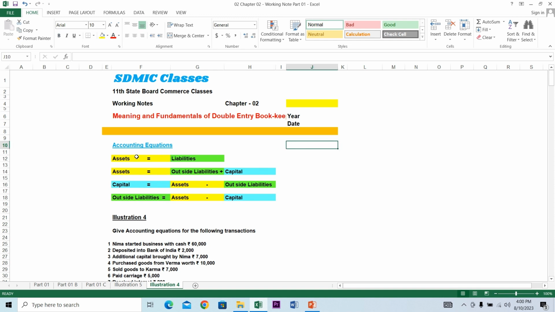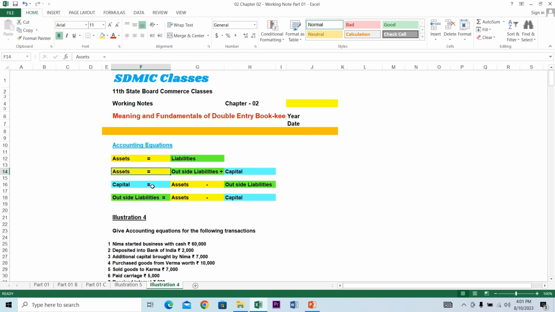Capital is also a liability to the owner, and outside liabilities is the liabilities not to the owner but to others except the owner. So that is why we have called it outside liabilities. Total liabilities बोलेगा तो outside liabilities plus capital.